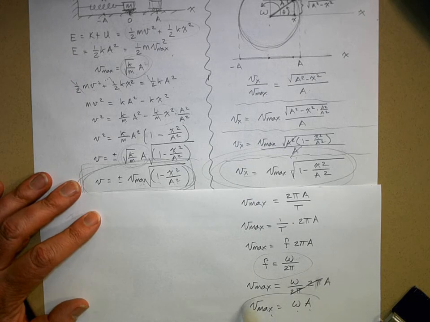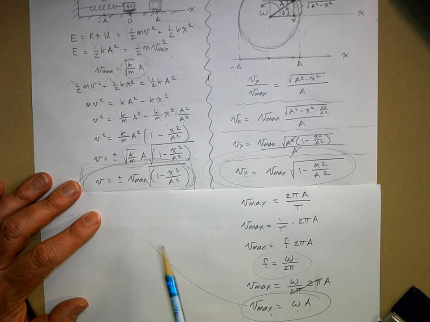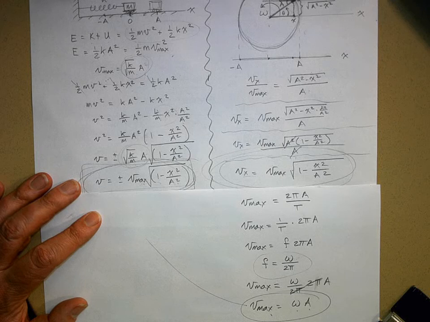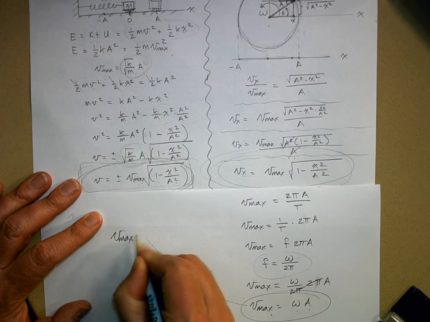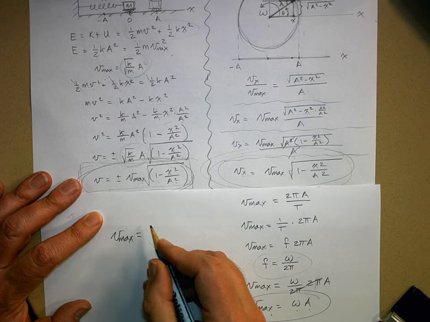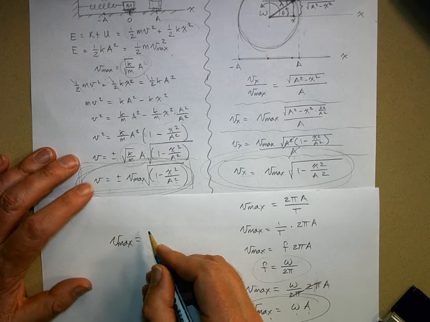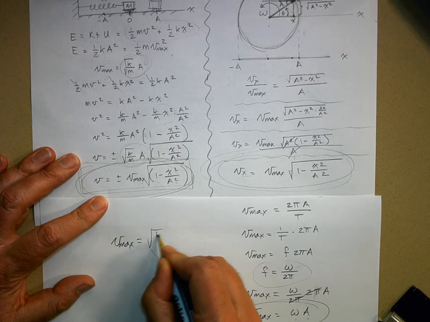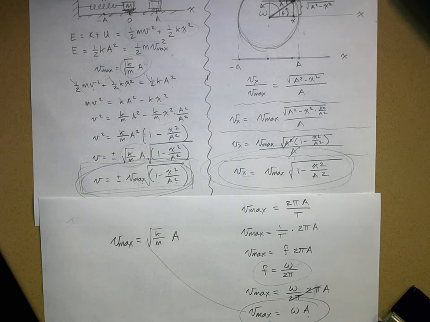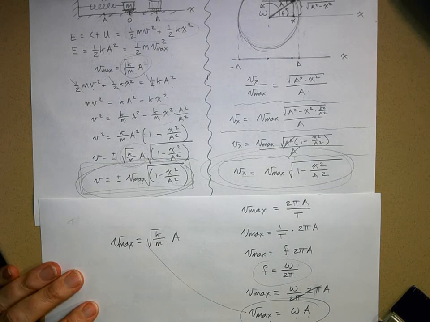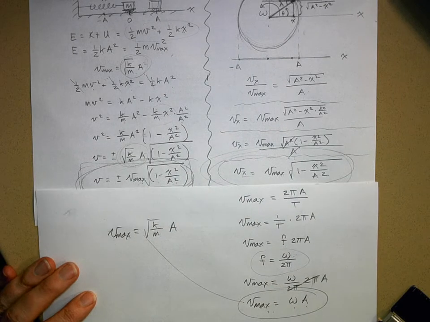But look, maximum velocity over here with this mathematics, the maximum velocity was equal to the square root of k over m times a. What does this mean?